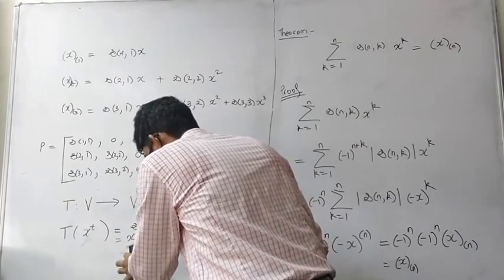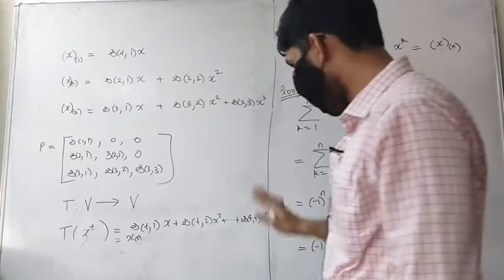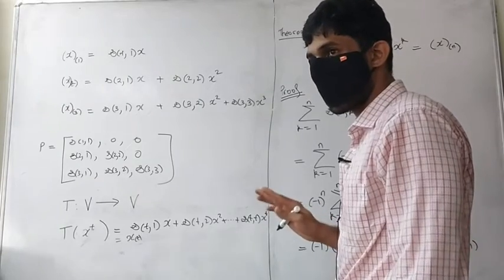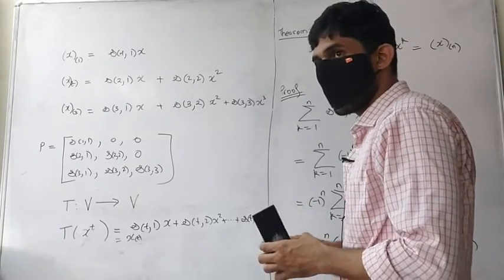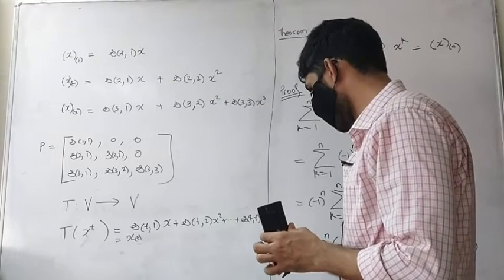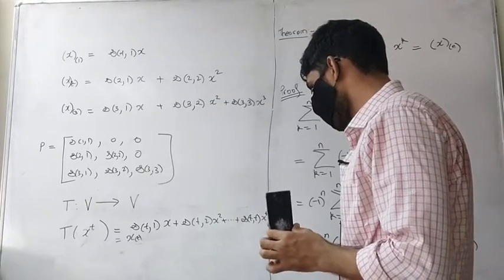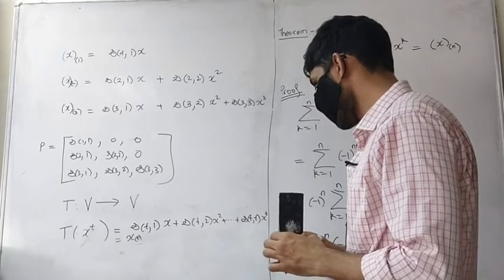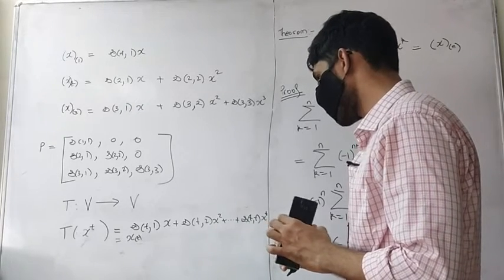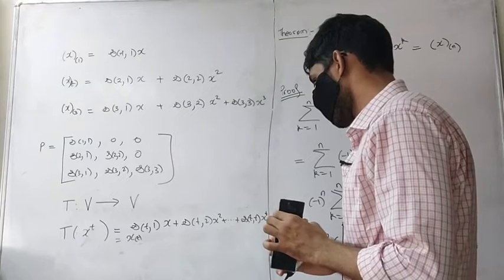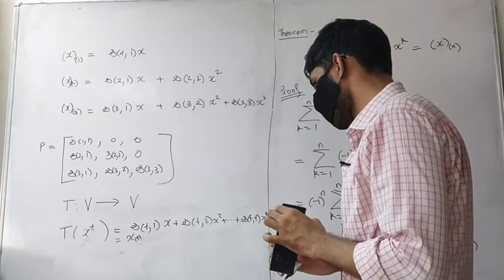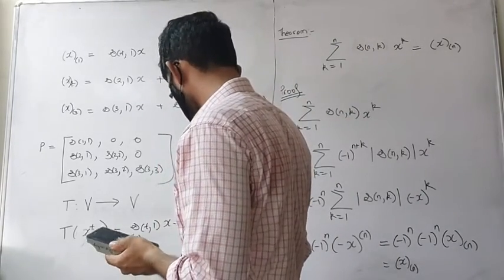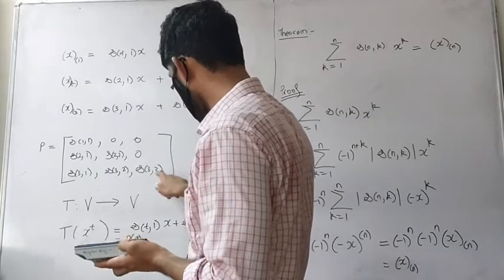So what is the matrix of this transformation? You have to check that you are specifying your basis elements correctly. The matrix of this transformation is this, right?